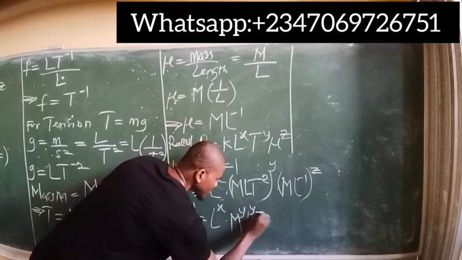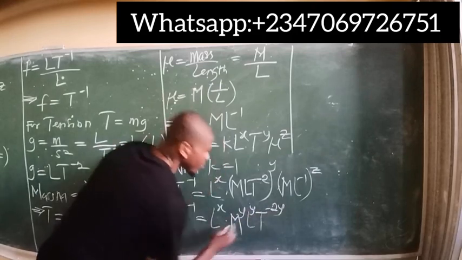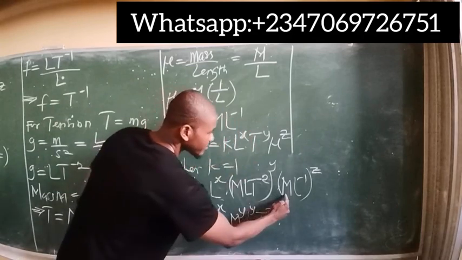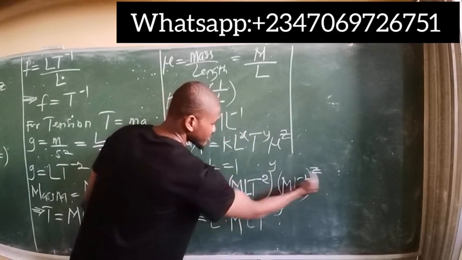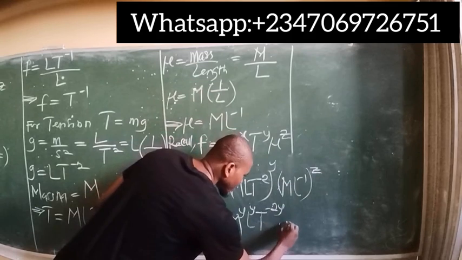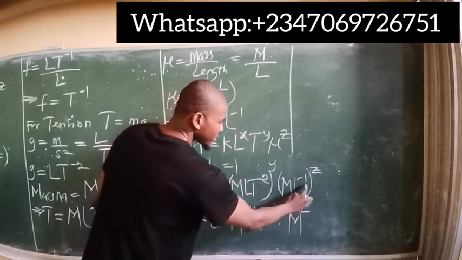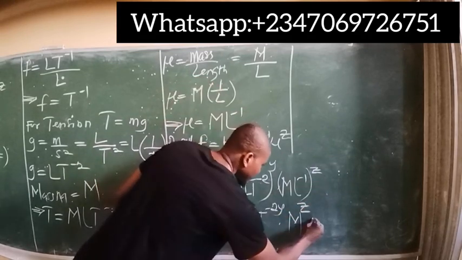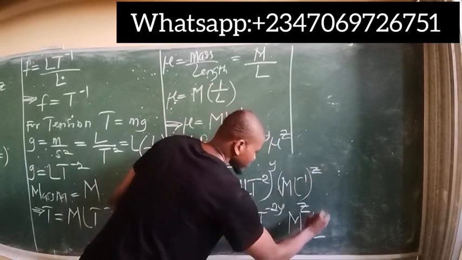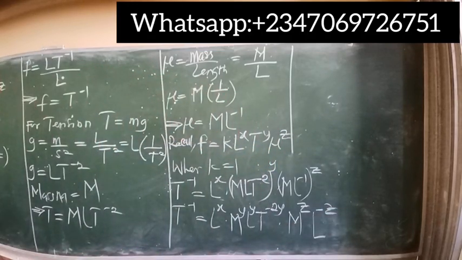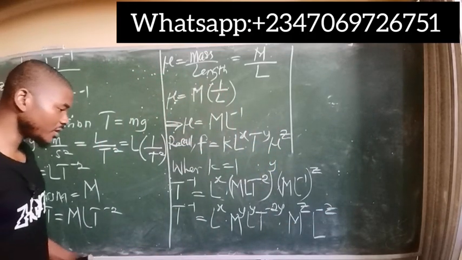So we simply have t to the power of minus 2y. Times here, m to the power of z, z multiplies m here. And then you have l to the power of minus 1 multiplying z, that gives you l to the power of minus z. So this becomes the basic equation.